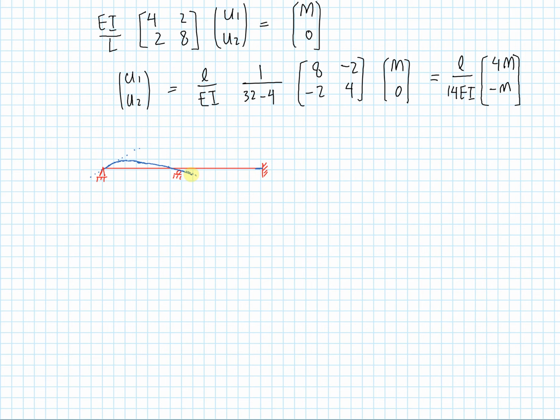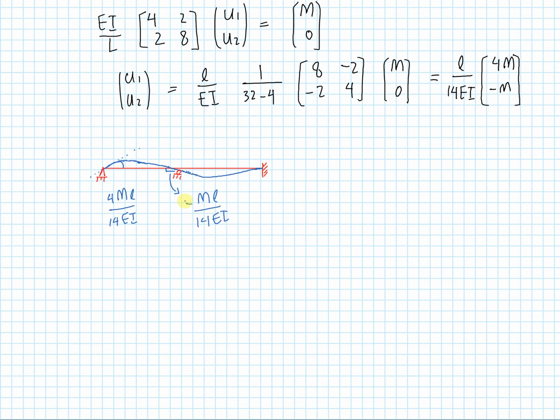So from this downwards position, we gotta go back up. Let's try again. All right, that's what it's gonna look like. And this angle here is 4mL over 14 EI, and this angle over here is going to equal minus mL over 14 EI. And that's what we have.